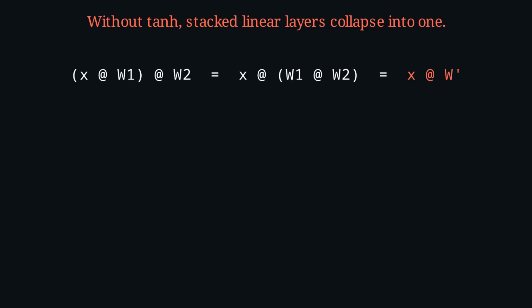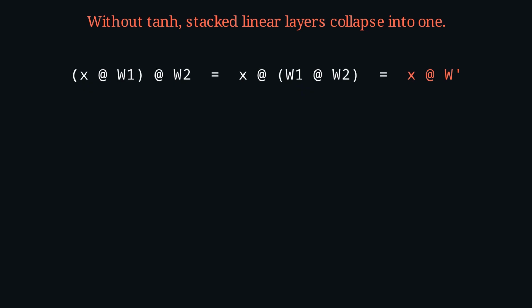Chapter 6. Why we need a nonlinearity at all. Here's a subtle but crucial point. If the hidden layer were just a matrix multiply with no tanh, then 2 linear layers in a row would be equivalent to a single linear layer. X times W1 times W2 is just X times some combined matrix W prime.